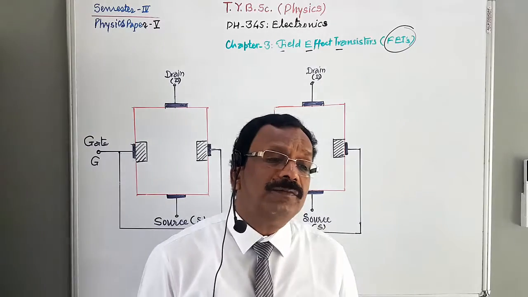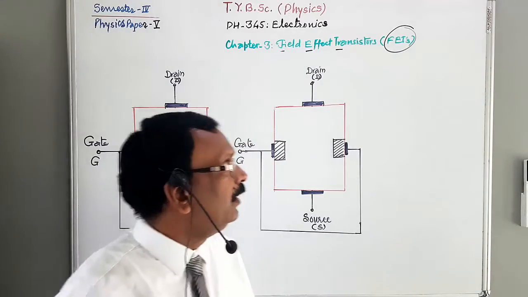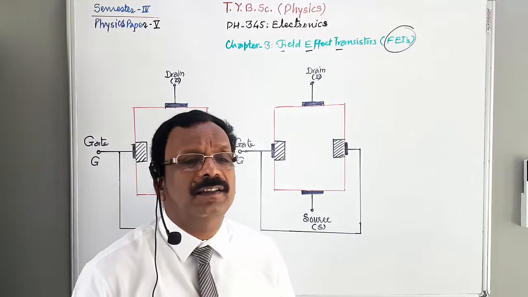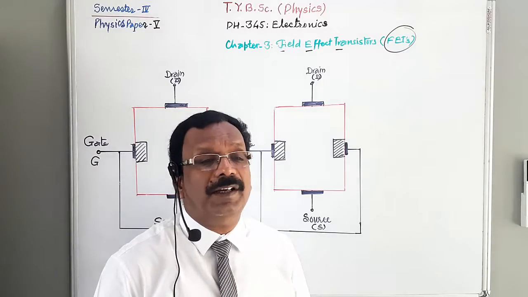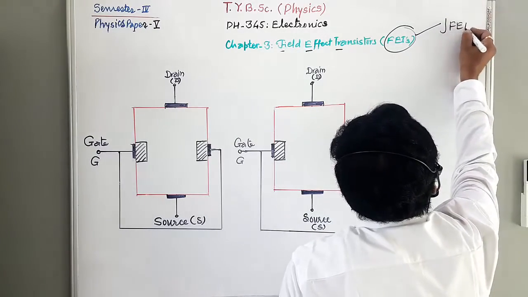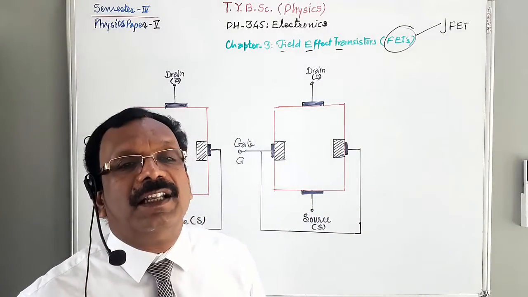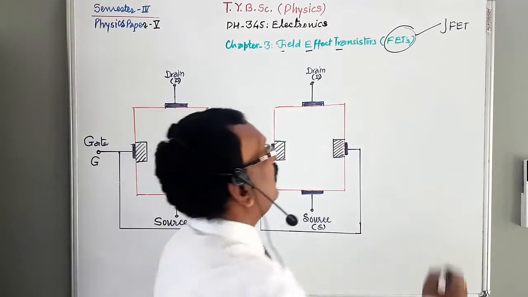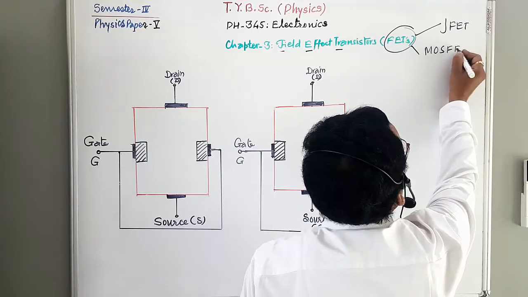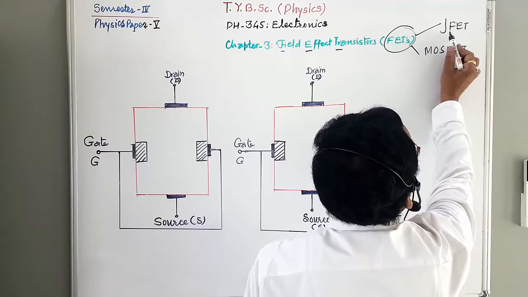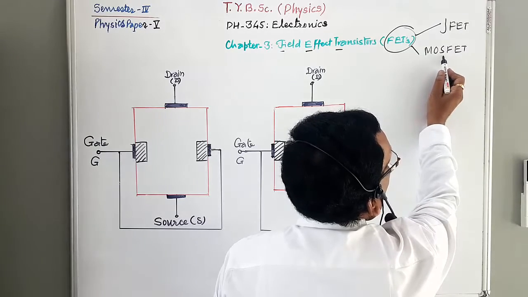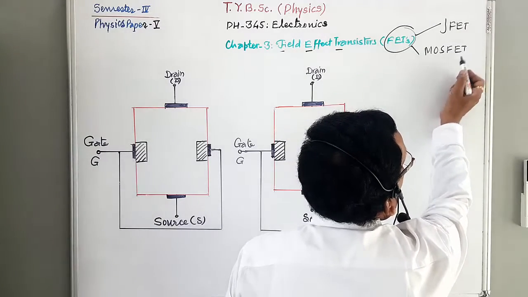Now, types of FET. In broad sense, there are two main types of FET. One is JFET, junction field effect transistor, and another is MOSFET, metal oxide semiconductor field effect transistor.